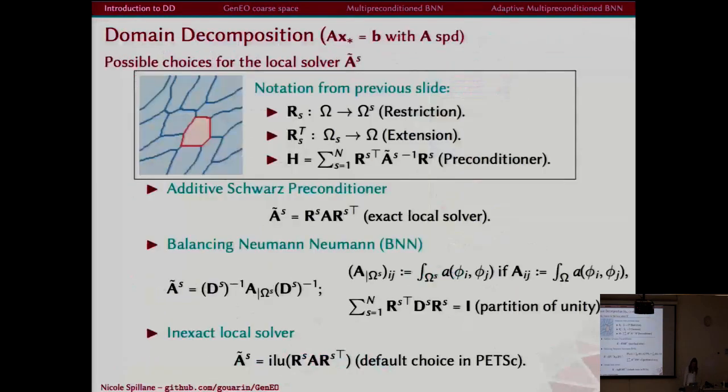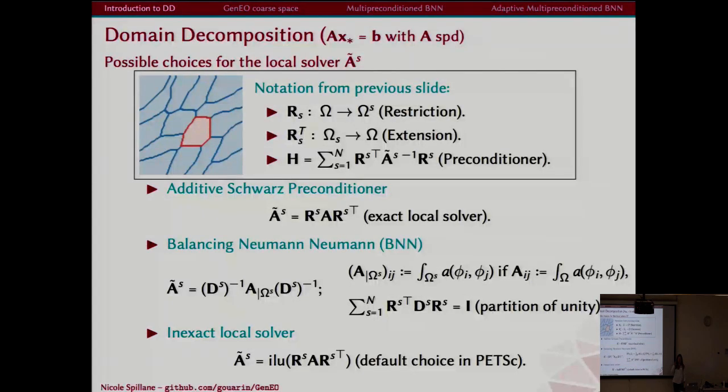Okay, so this is a large family of methods, and there are a few that stand out and that we use more often. The first one is the additive Schwarz preconditioner, or domain decomposition methods, where the choice for A_s tilde is R_s A R_s transpose. This means that you take the global matrix A and you catch the degrees of freedom that are in Omega_s.